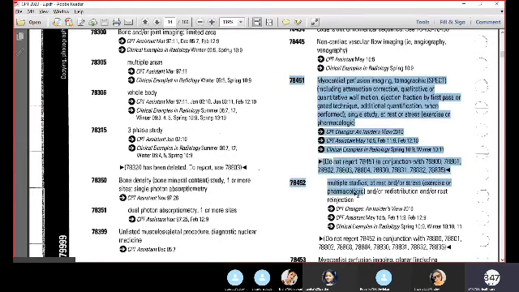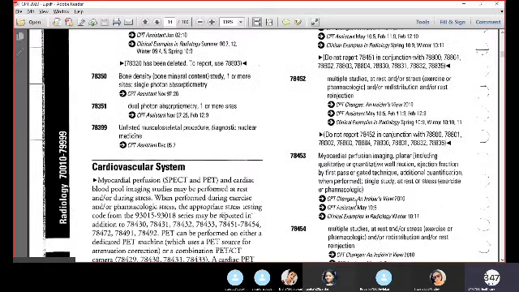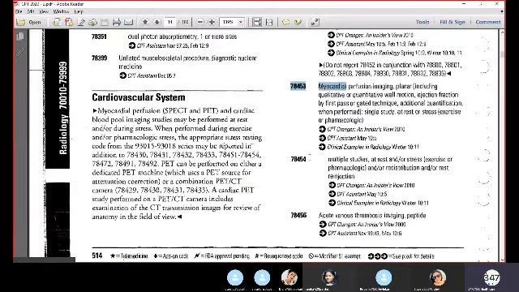When we have to choose this one, if they have mentioned the word tomographic myocardial perfusion imaging study, or the SPECT word, or attenuation correction, any one word mentioned, based on single study or multiple study, you have to go 78451 or 52. Suppose your question does not have the tomographic word, SPECT word, or attenuation correction, then the default is 78453 and 54. It is planar. Default is planar.